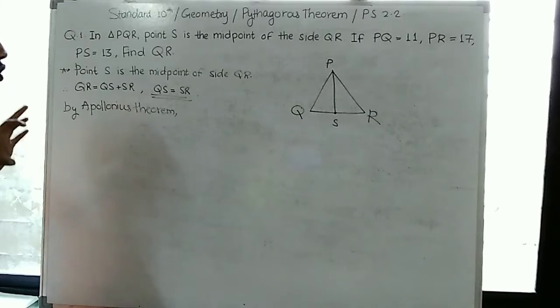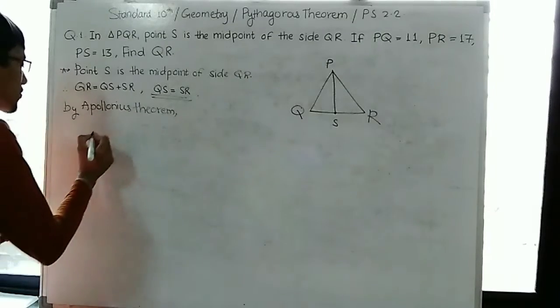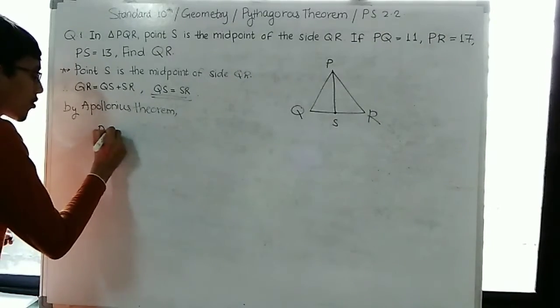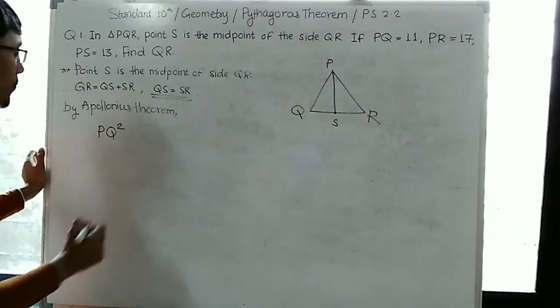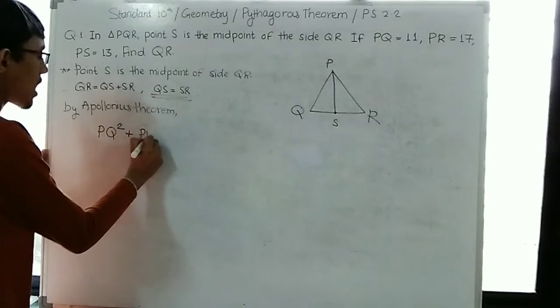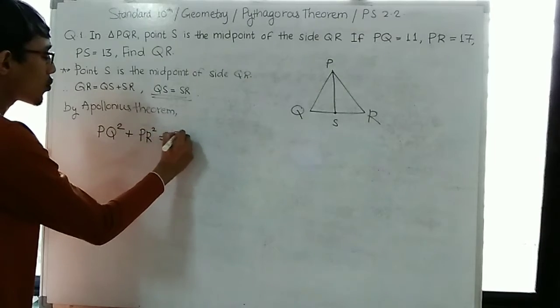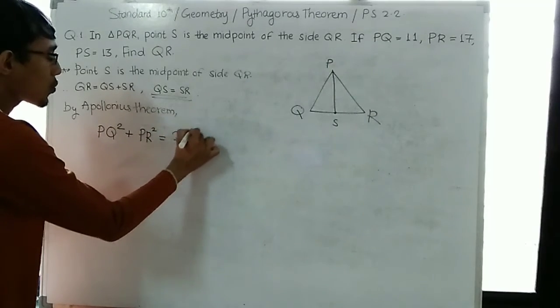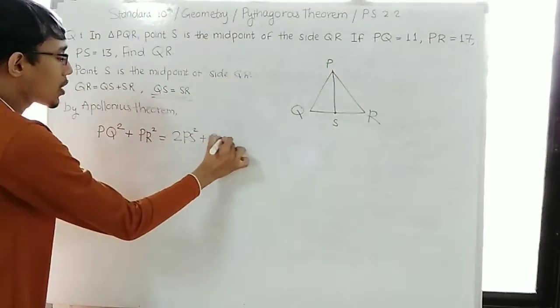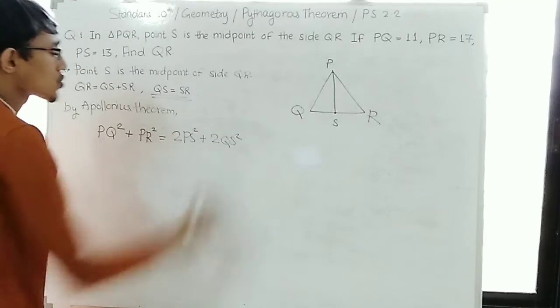So what we will get is an equation that is PQ square plus PR square is equal to 2PS square plus 2 into QS square.